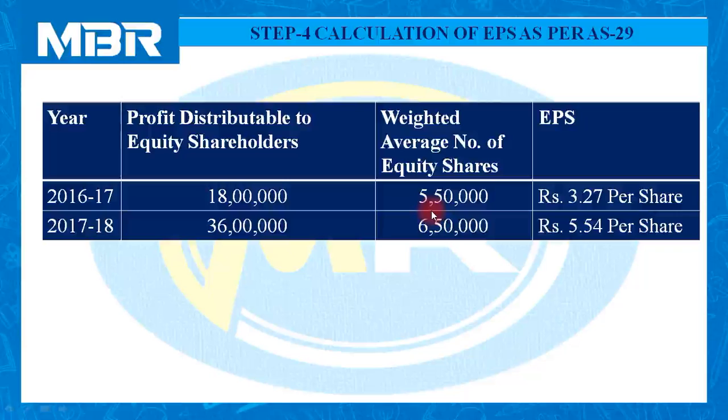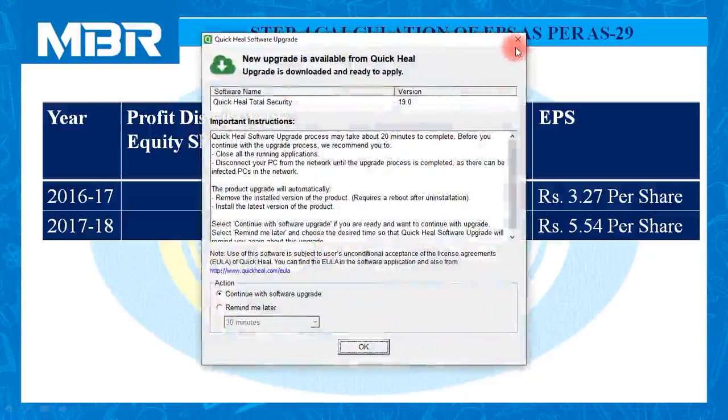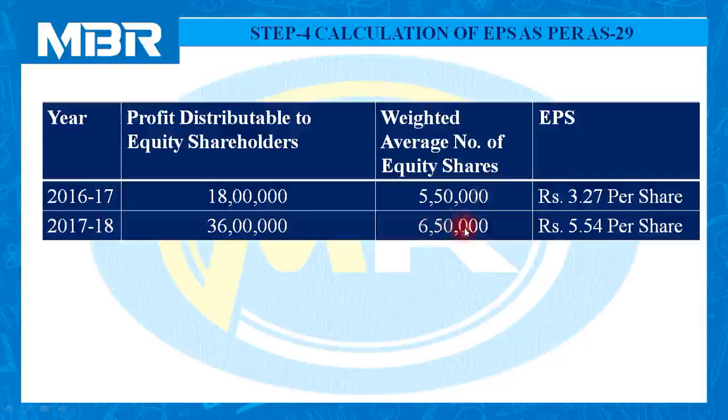For the year 2017-18, weighted average numbers of equity shares are 6 lakhs 50,000. So 36 lakhs divided by 6 lakhs 50,000 is equal to rupees 5.54 per share. I hope everybody is clear with the solution of this problem.